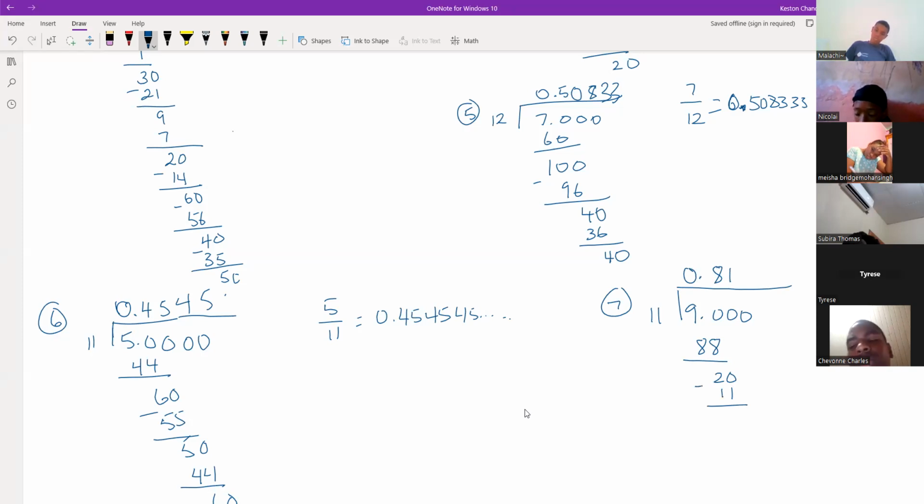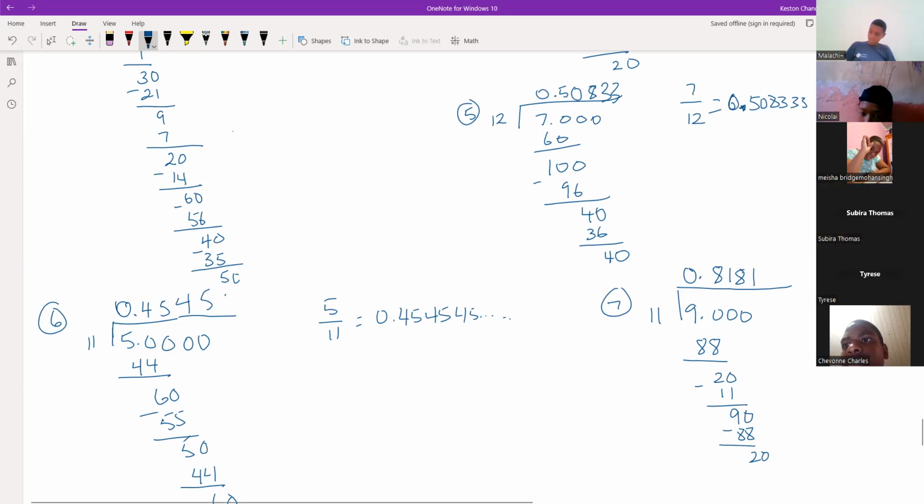When I subtract here, I get 9. Bring down another 0. 11 into 90 is going to give me 8 again. 8 by 11 is 88. I'll get 2. Bring down another 0. 11 into this is going to give me 1. So this is a recurring decimal again.